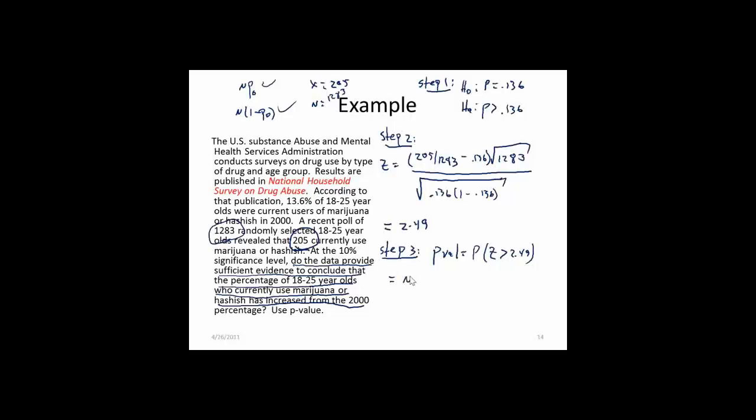This is the normal CDF. So our lower bound is going to be what? 2.49. Z is greater than 2.49.